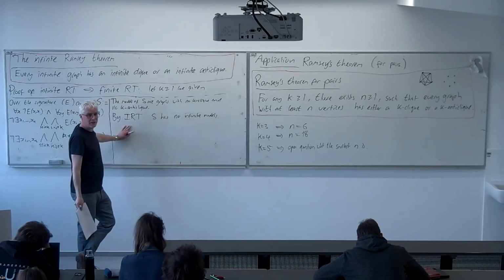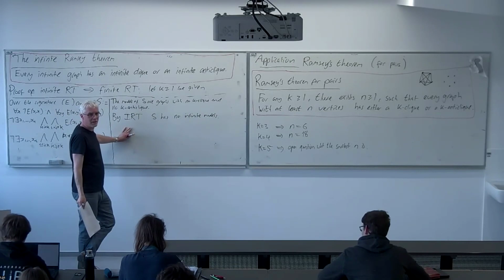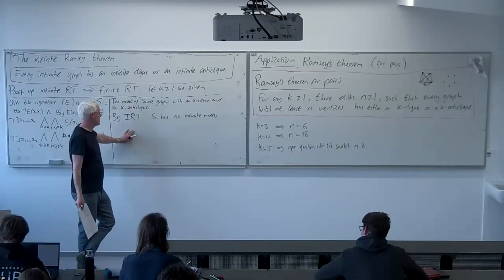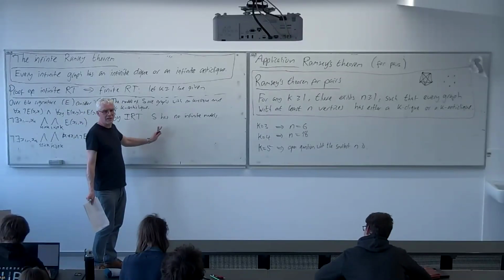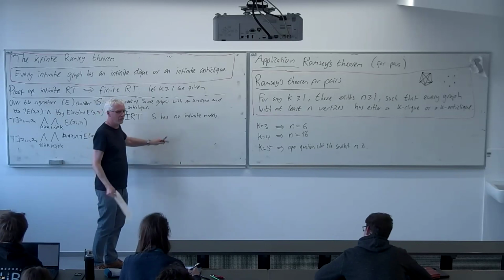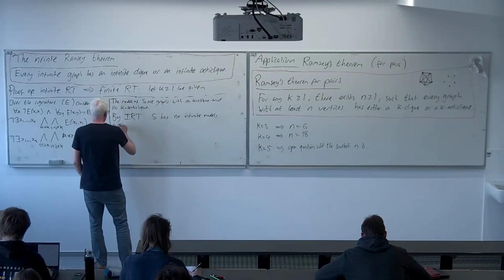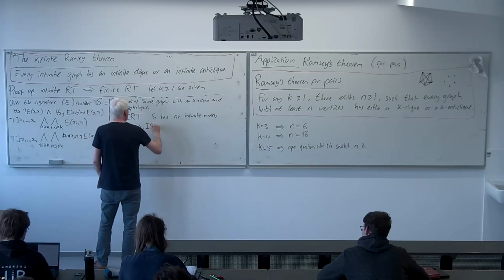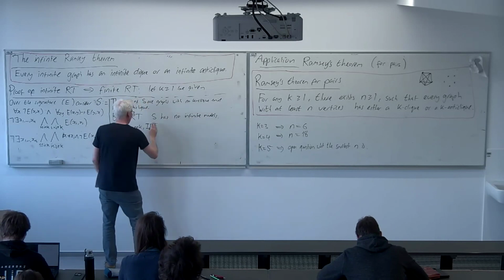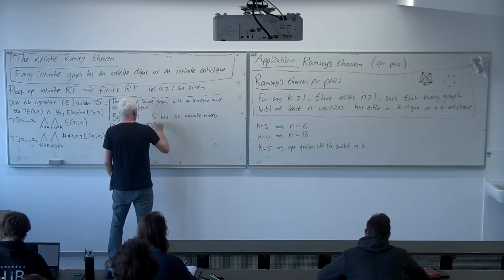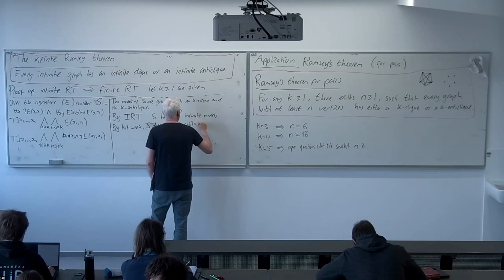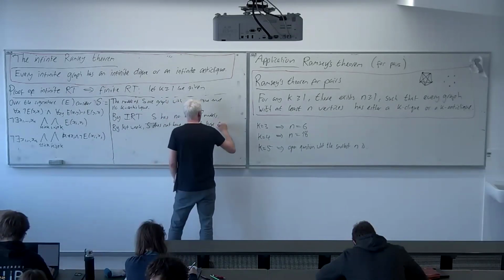And we had a result last week that if a set of sentences has arbitrarily large finite models, then it has an infinite model. So this has no infinite model, so therefore it does not have arbitrarily large finite models. So this was the first application of compactness last week. So by last week, S does not have arbitrarily large finite models.